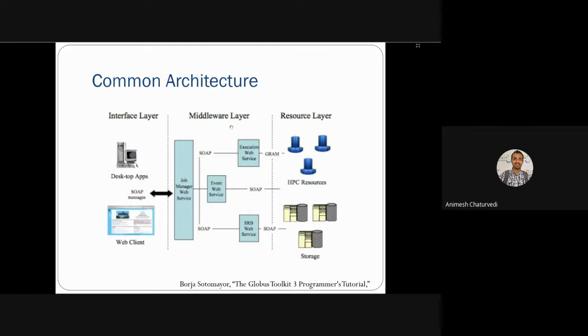Hadoop is also a kind of middleware. It manages the Hadoop distributed file system and it manages MapReduce. Spark is also a kind of middleware. It manages a job that you will code in a programming language like Java, Python, or Scala.